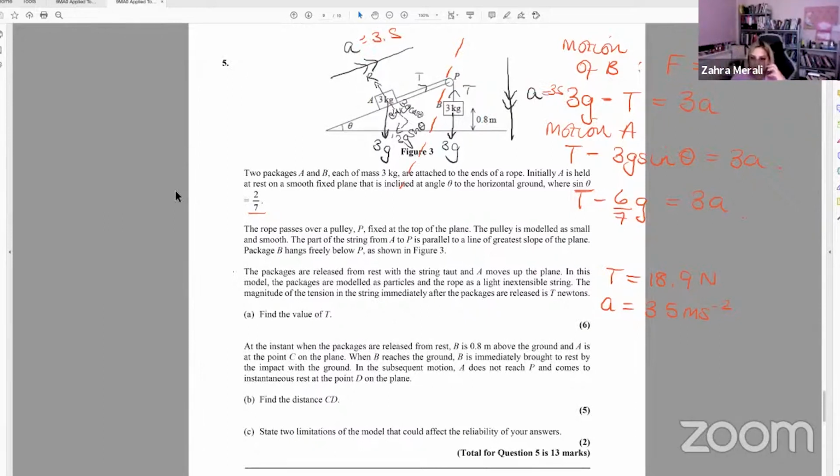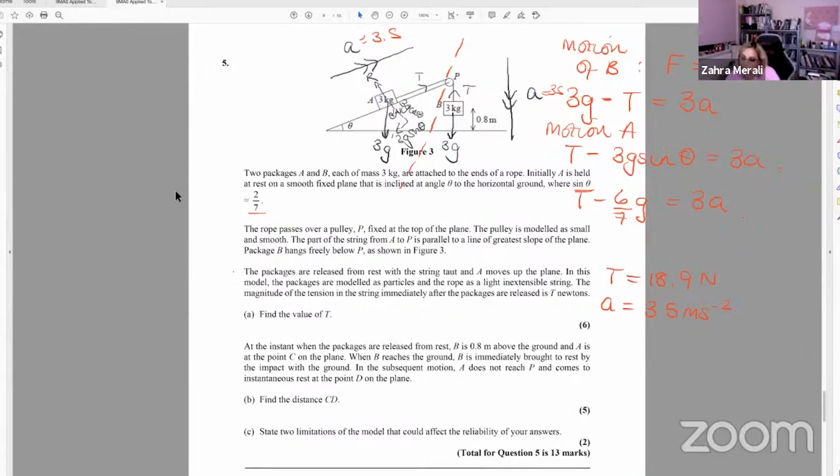Now these sorts of questions are always a part B or C of a pulley question, typically, and they always follow the same process. Step one, you will always need to find out the v just before it hits the ground.